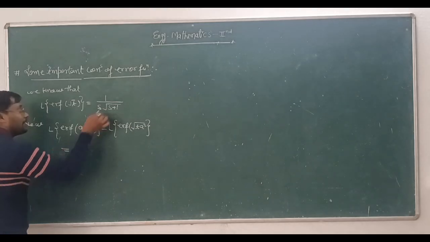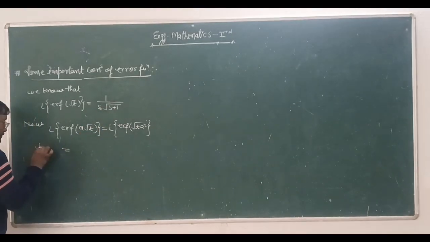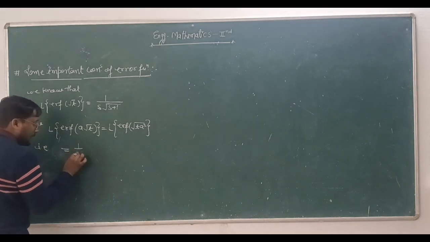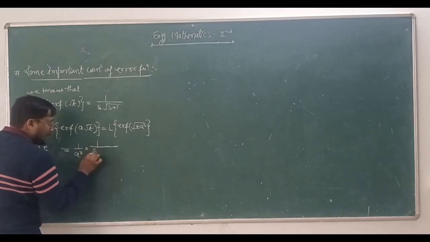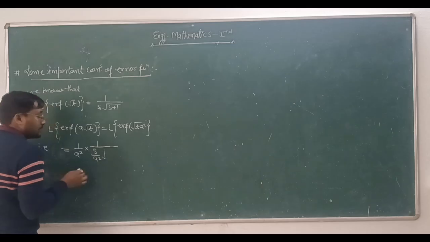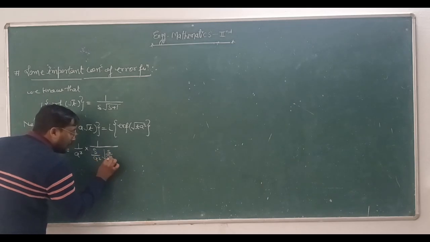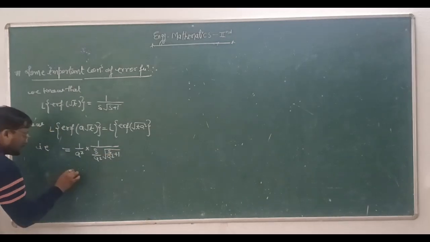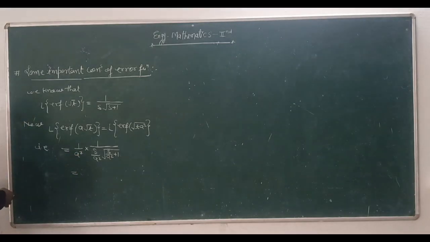Now putting the value of this function, it means 1 by a square into 1 by s upon a square under root s upon a square plus 1. Now you can solve this. A square will be cancelable.